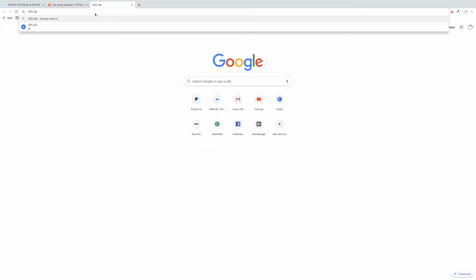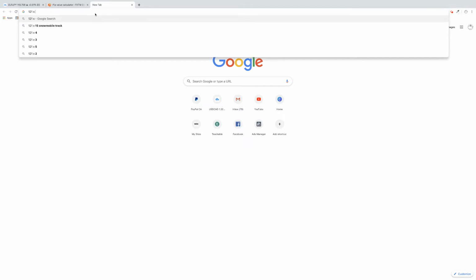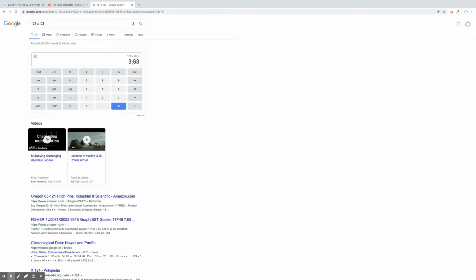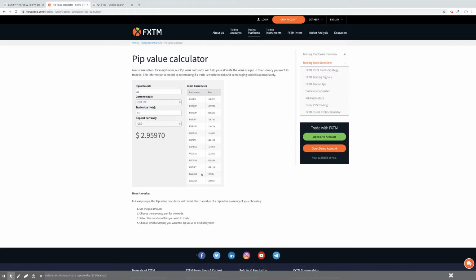So let's go, 121 times 0.03 because we're risking 3% of our account, okay? 3% of 121. Now we can risk $3.63, okay?